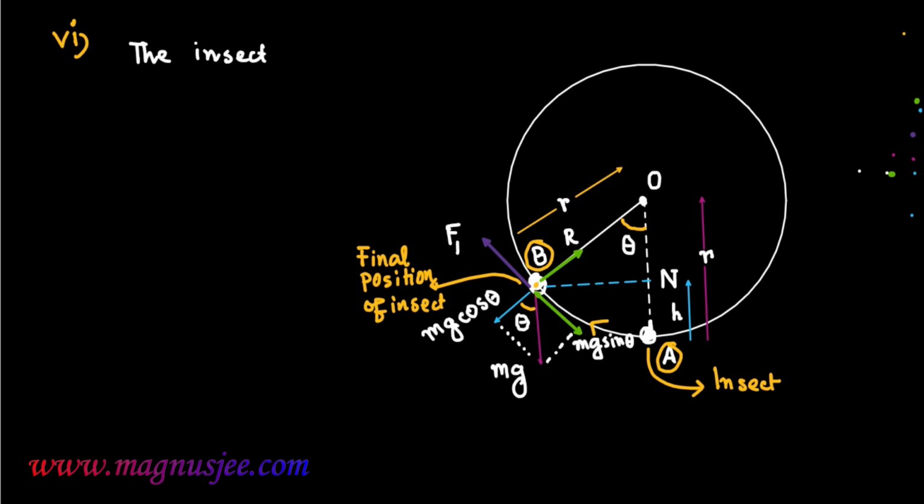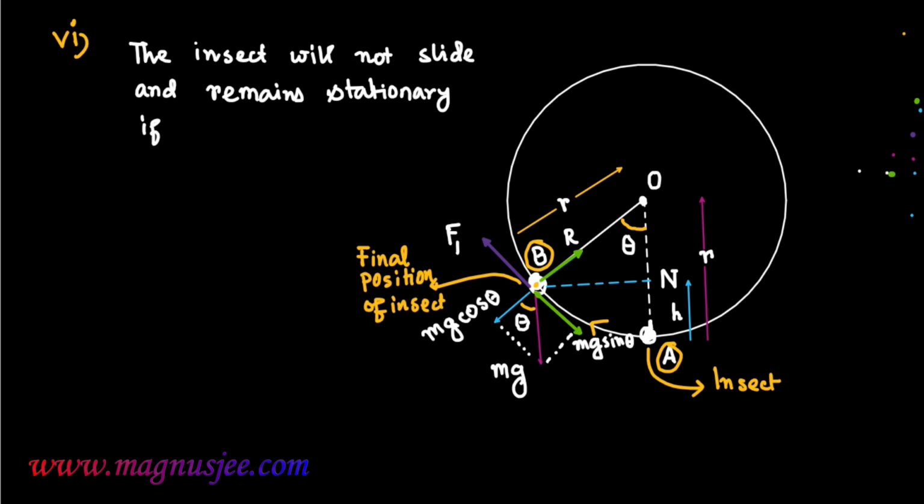The insect will not slide down, and remains stationary at the point B on this spherical surface if Fl is equal to mg sin theta. That means limiting friction Fl will be equal to the rectangular component mg sin theta.